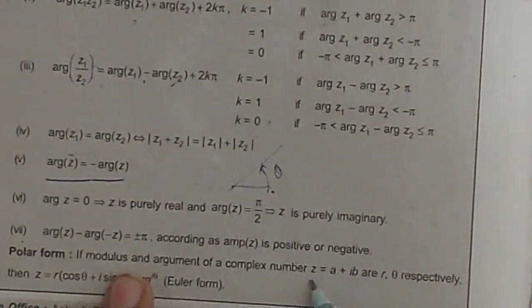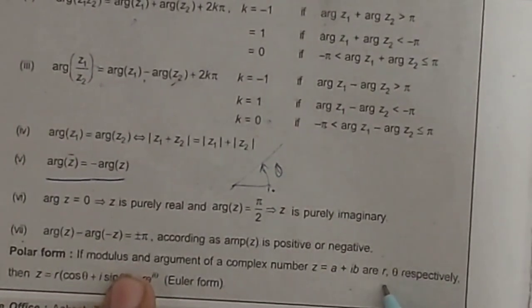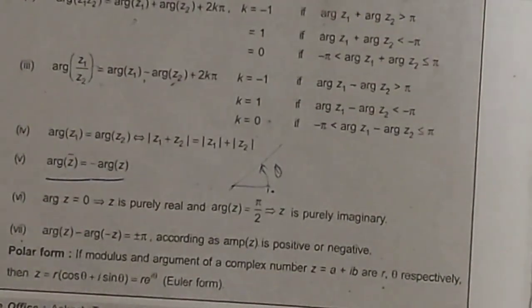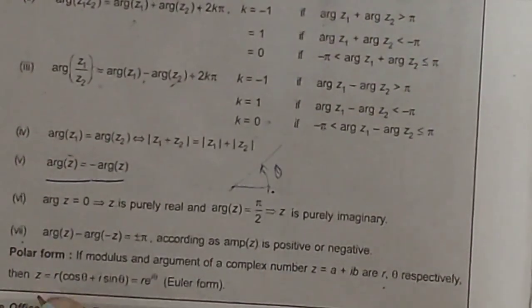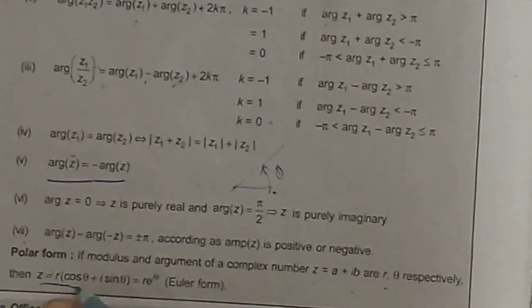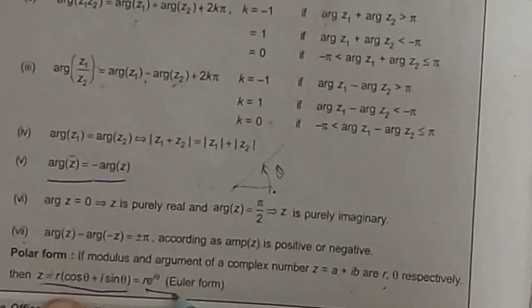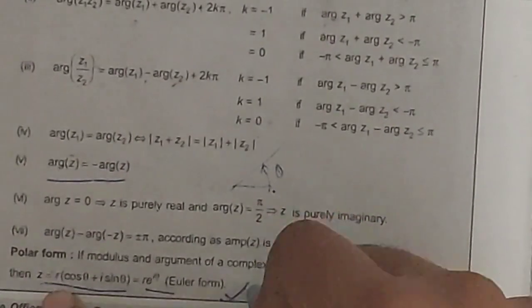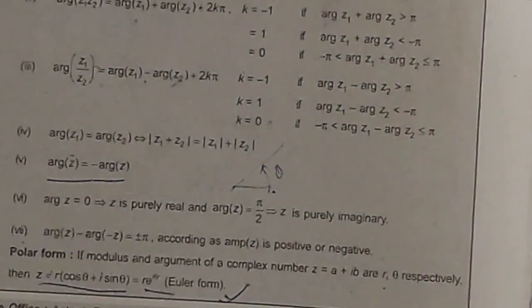So if it is the complex number, r is the length of the straight line and theta is the angle to which it is rotated, then you can write this as this. This is polar form, Euler form, anything you can call it, or the rotation theorem.